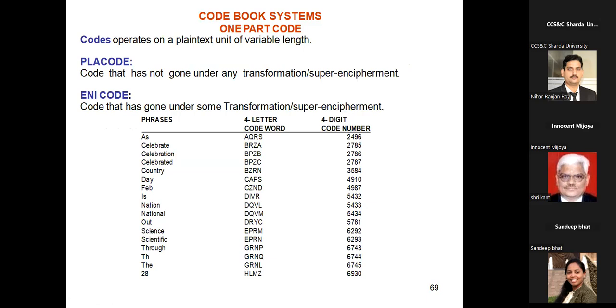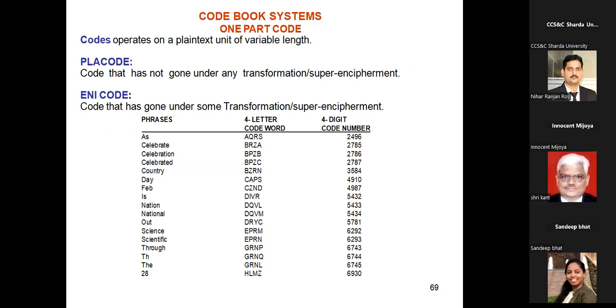Now, till now I have told you about ciphers. Generally, people get confused that codes and ciphers are the same. It is not that; codes and ciphers are different. So that's why I wanted to make you understand the code.